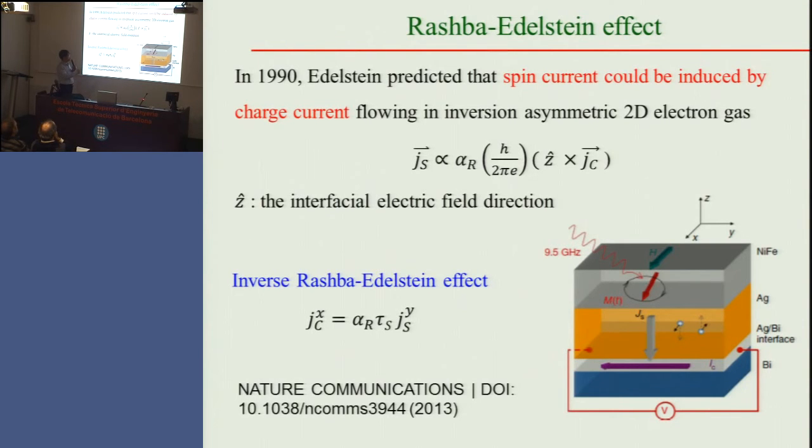The equation is like this. Okay, let me explain simply. This system is Ag and bismuth, where they expect a two-dimensional system to occur at the interface. Spins are injected from the nickel iron by using FMR.